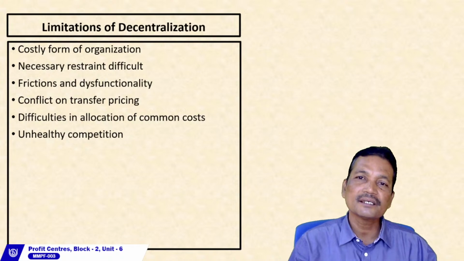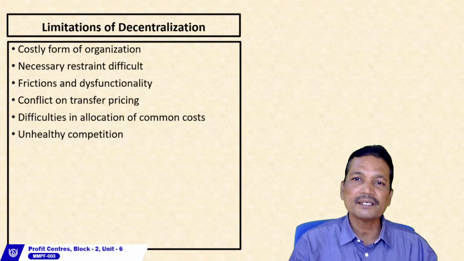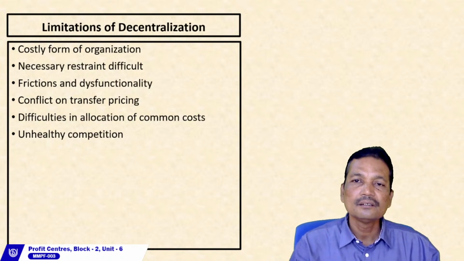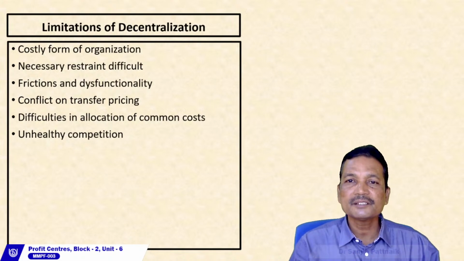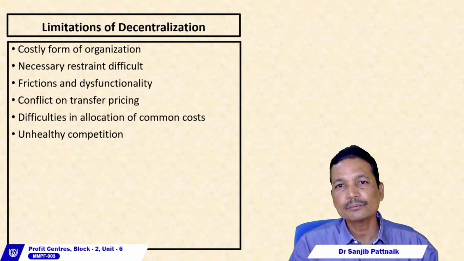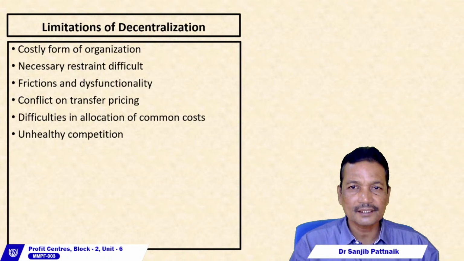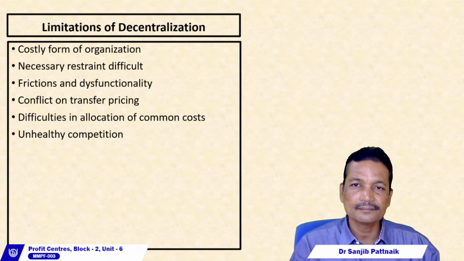Now obviously the division which is taking the output of the other division will want it at somewhat lower price as compared to the market prices. However, the division which is producing these items will say that no, we cannot give it to you at that price. We may be able to maximize our profits if we sell it in the market.